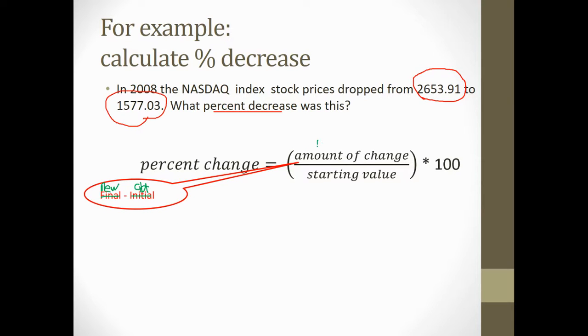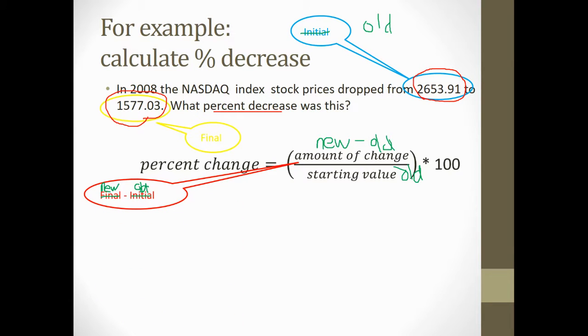So my amount of change, I want this to be my new value minus my old value. My starting value is my old value. My starting is where I started at. It's the old value. It's where it hasn't changed yet. Okay, so I drop from 2653. That's my initial value. My initial value is my old.